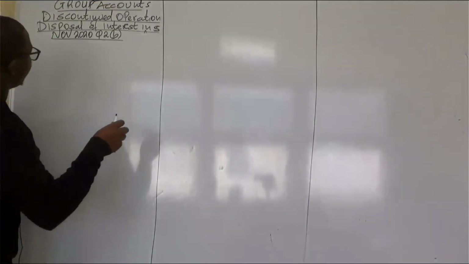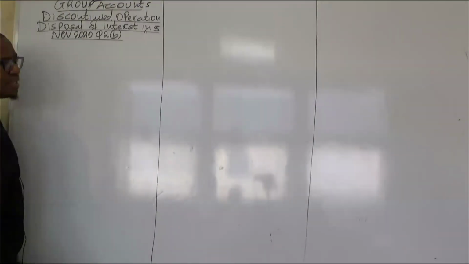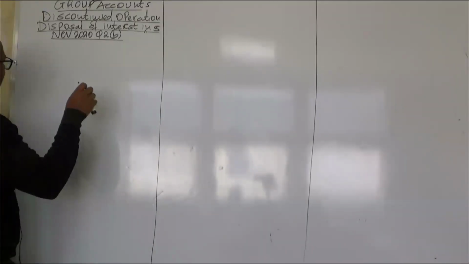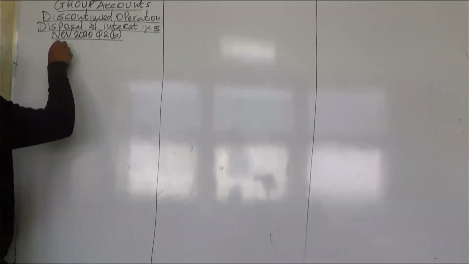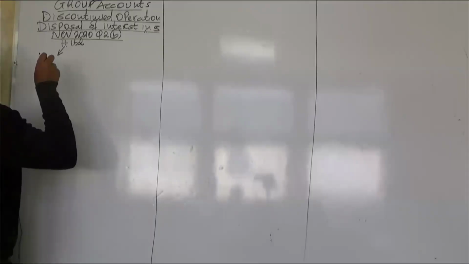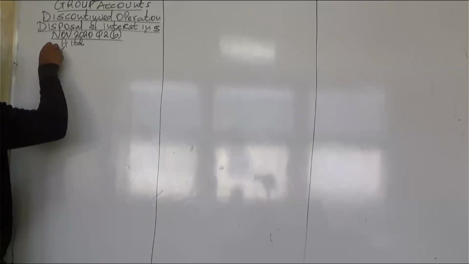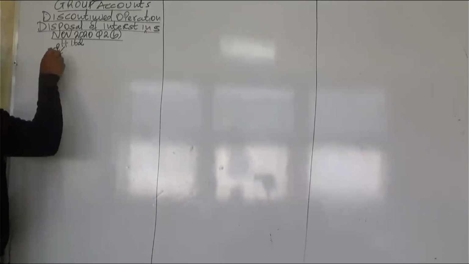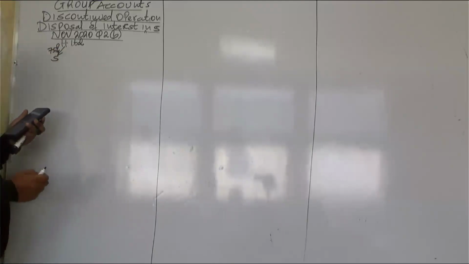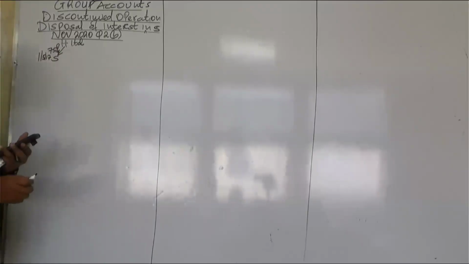The first thing is we understand the group structure. Who acquired who? H Limited is our parent. On additional information number one, H Limited acquired 75% of S Limited on 1st May 2017.